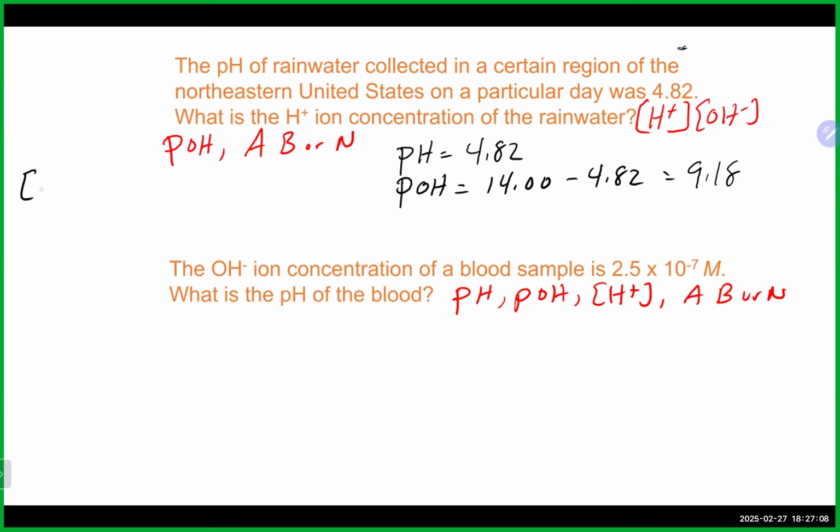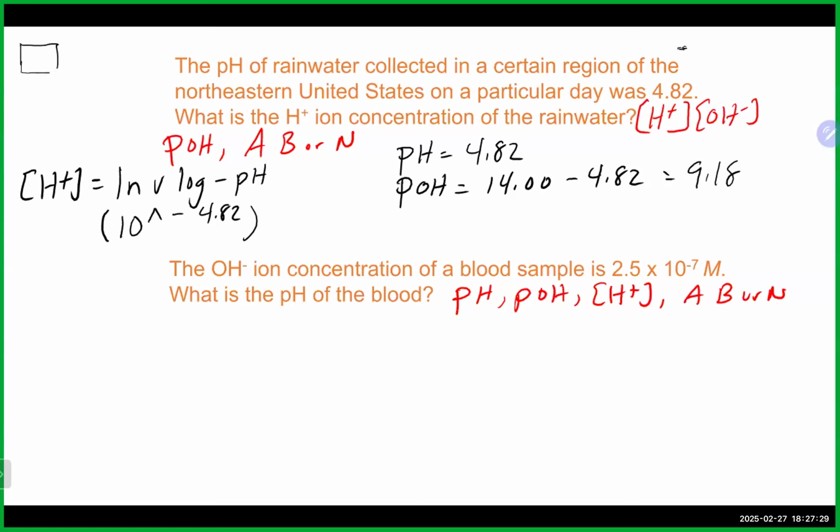So again, the H plus concentration is going to equal the inverse log of the negative pH. On your calculator, when you punch that in, probably a 10 and a caret, you want to go negative 4.82 and close parentheses. On most people's calculators, you should do something like this.